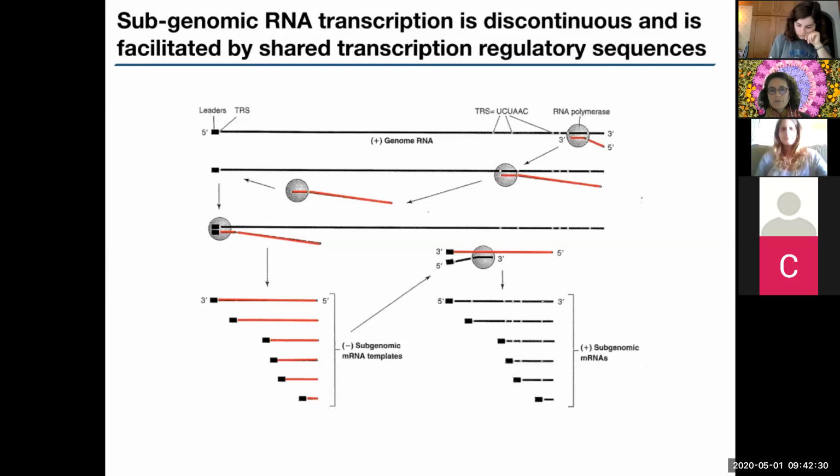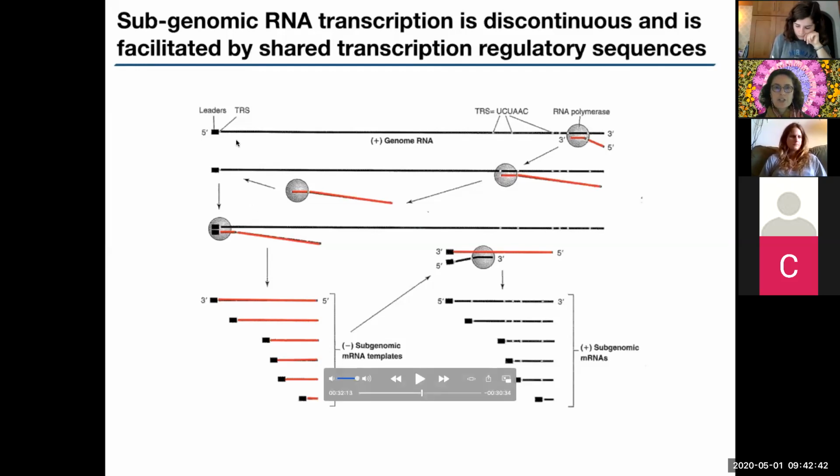So the viral particle that infects the cell has a single-stranded RNA genome, and that is the plus strand. That is the ribosome-ready version of the genome. The ribosome then starts to translate off of this genomic RNA.